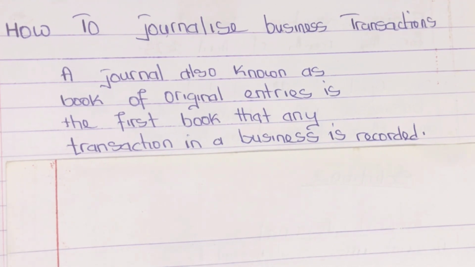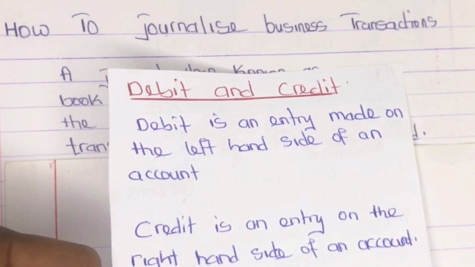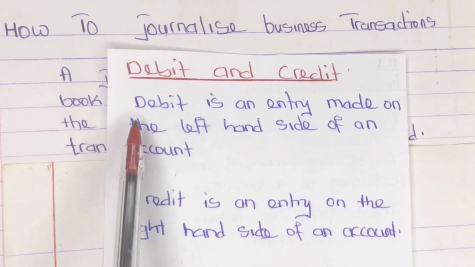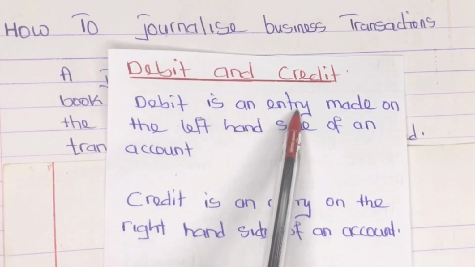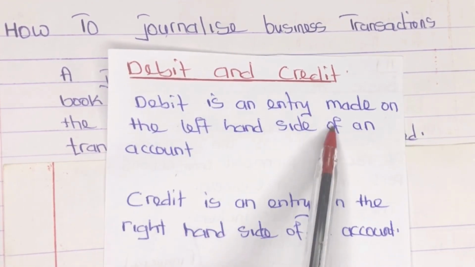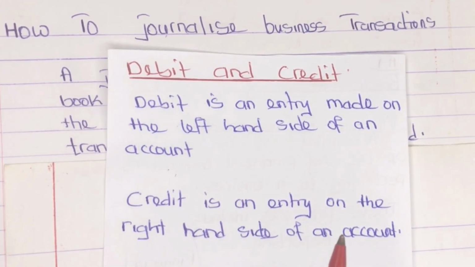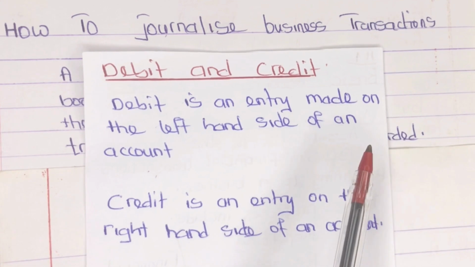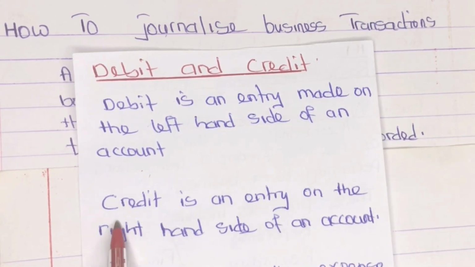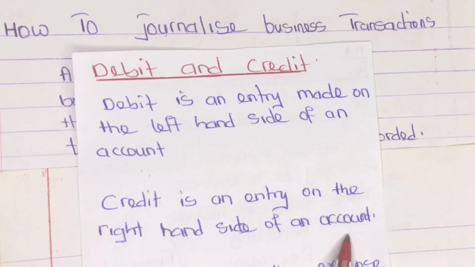So what is a debit and what is a credit? A debit is an entry made on the left hand side of an account. Meanwhile, a credit is an entry on the right hand side of an account.